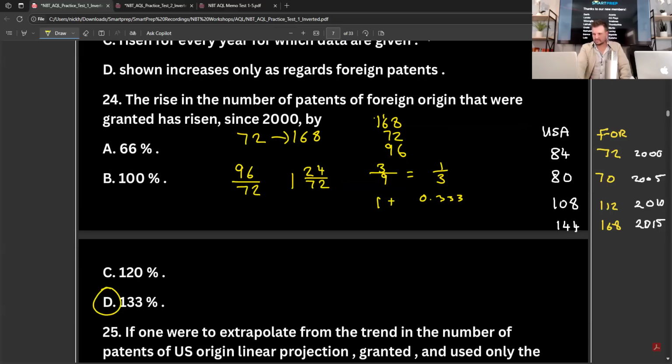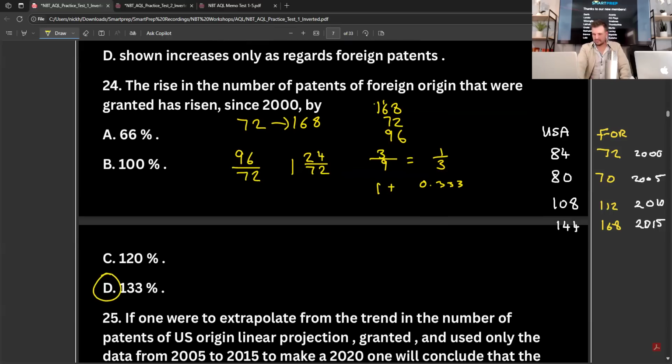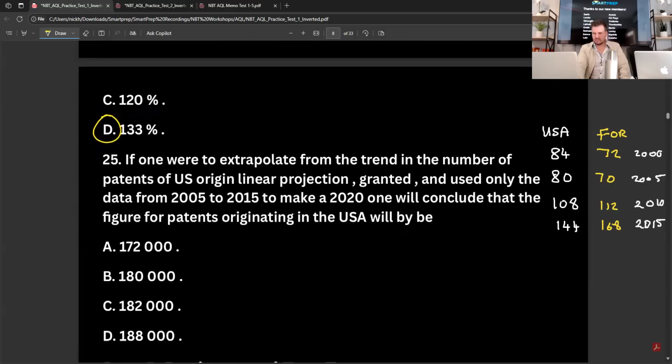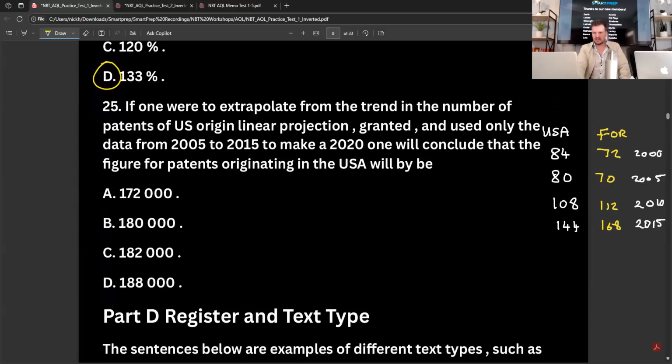Okay, so now the final question is if one were to extrapolate the trend. So I want you to try this last one by yourselves, bit of a challenge one. If one were to extrapolate from the trend in the number of patents of USA origin linear projection from 2000 to 2015.